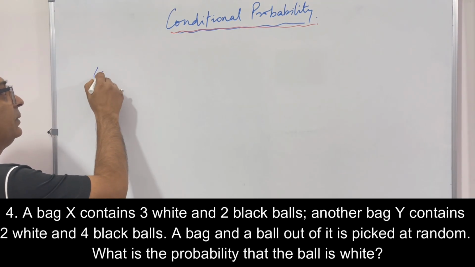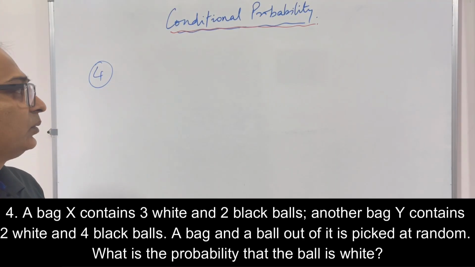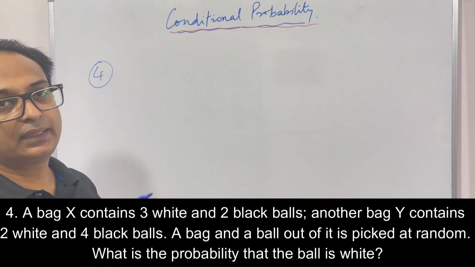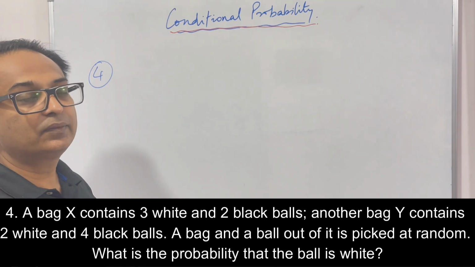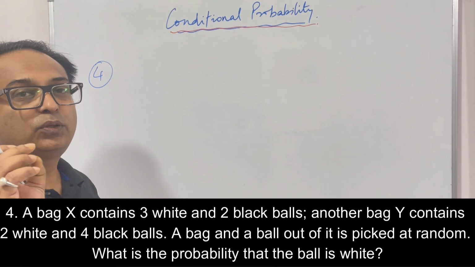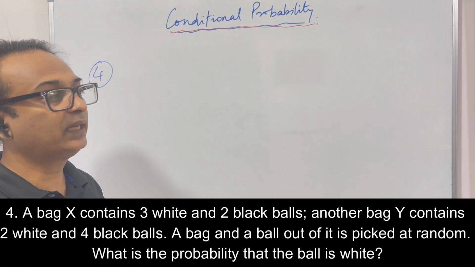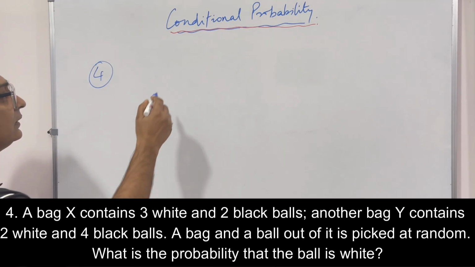Our fourth example is, understand this question properly. It says there are 2 bags, X and Y, and inside X we have 3 white balls and 2 black balls, and we have the second bag Y which has 2 white and 4 black balls. Let's see.